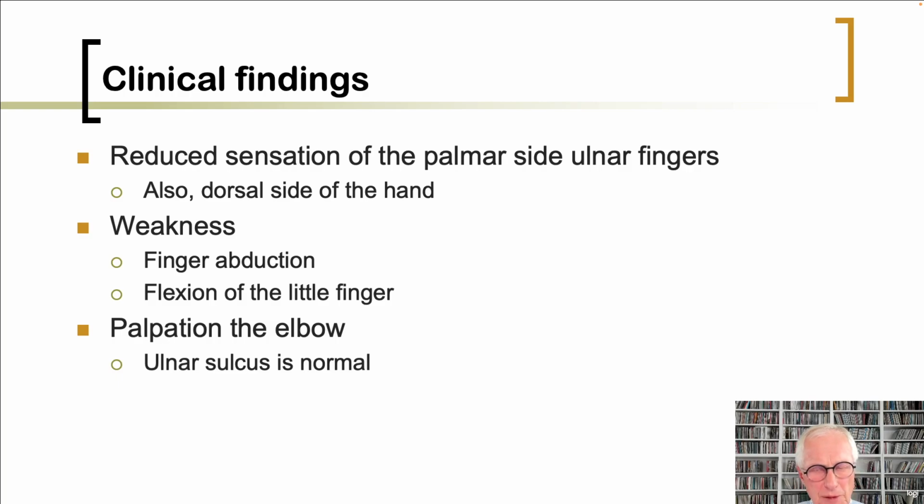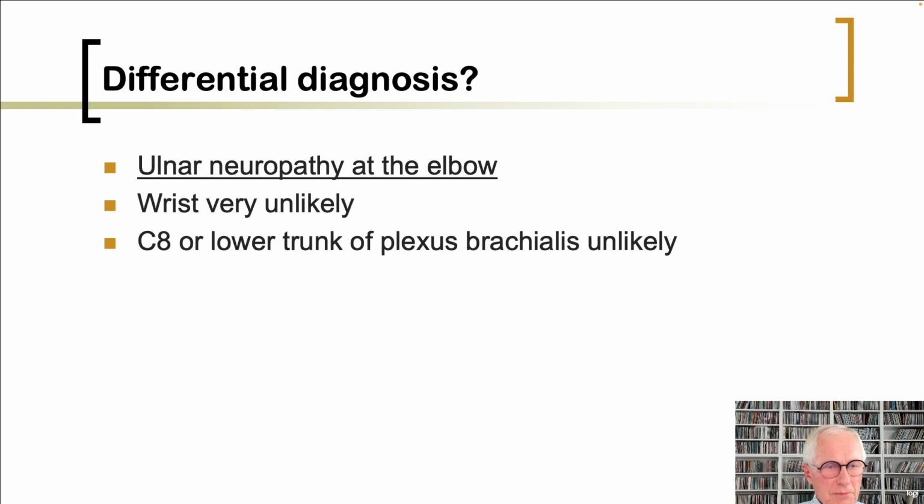The sulcus is very nice. So very likely it's an ulnar neuropathy at the elbow. Wrist is very unlikely. We had weakness of the flexor digitorum profundus, and we had also this dorsal sensory branch affected. A C8 radiculopathy or lower trunk of the plexus is very unlikely.